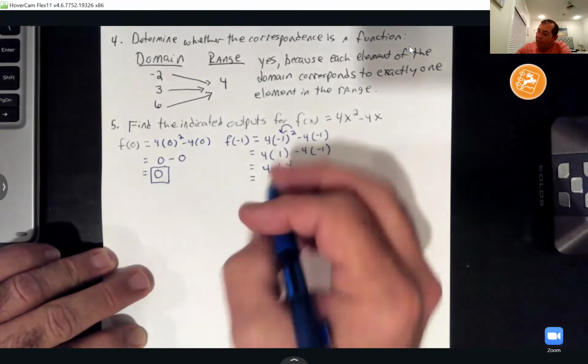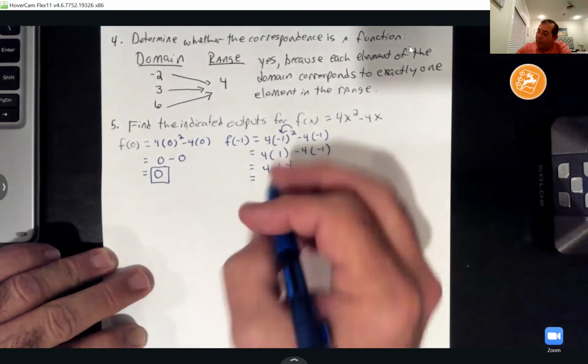So once I punch in 8 for that answer, it'll pop up the third one, which is f of 2. So they always give you 3 to do on this problem. So f of 2, I'm going to put a 2 in for both the x's. So 4 times 2 squared minus 4 times 2. And I'm going to do the same way. I'm going to start with the exponent.